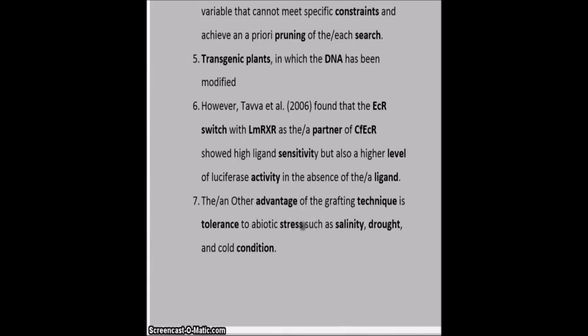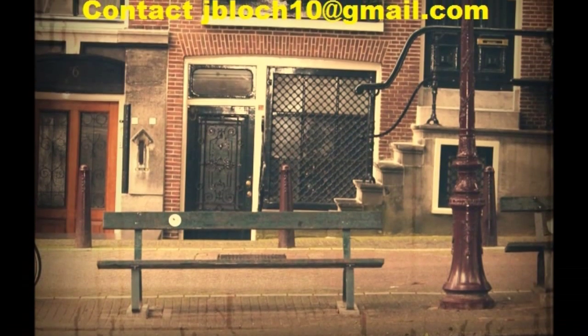So this has to be countable, and it has to be plural. Stress is a word that could be not countable, like he has a lot of stress. But here it's not. And cold condition. Salinity and drought are not countable, but condition is countable, therefore it would have to be plural.